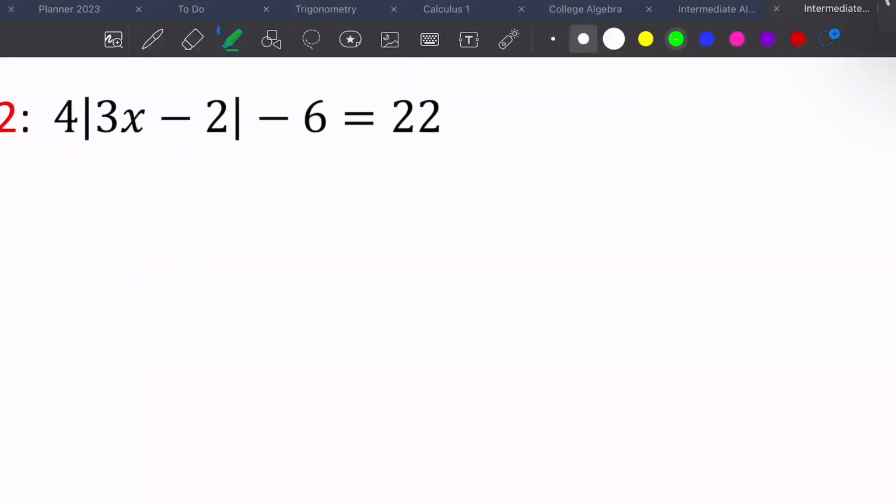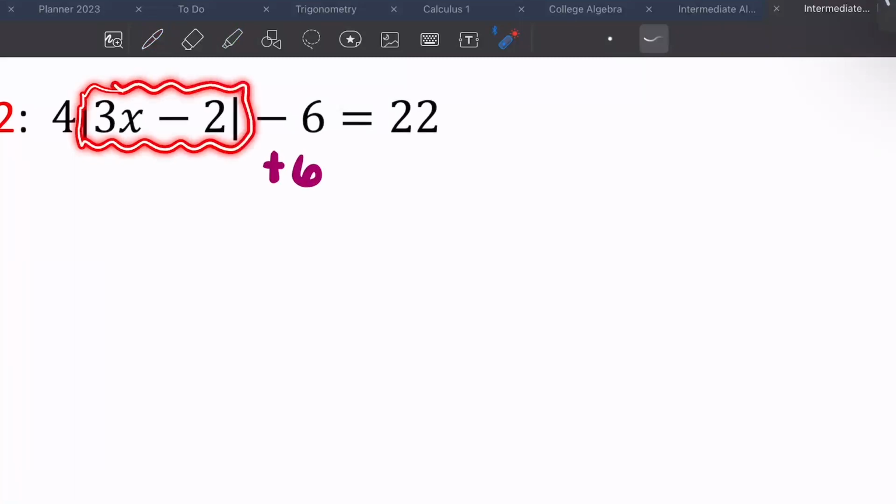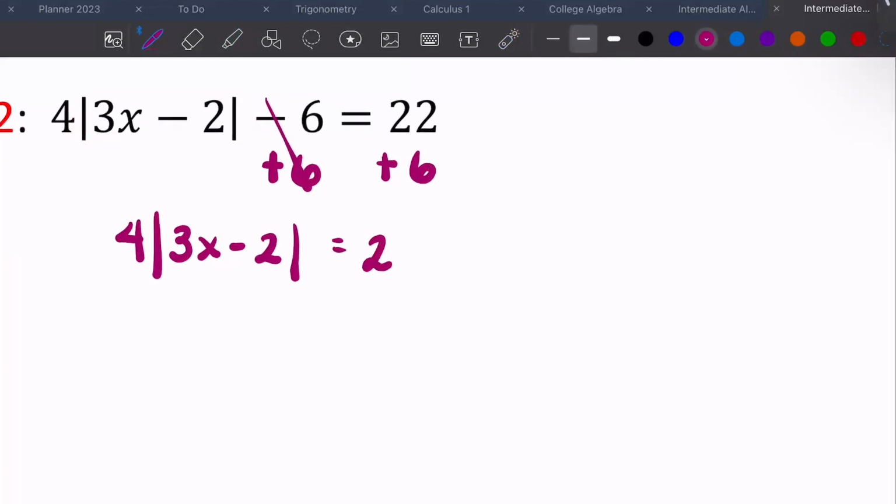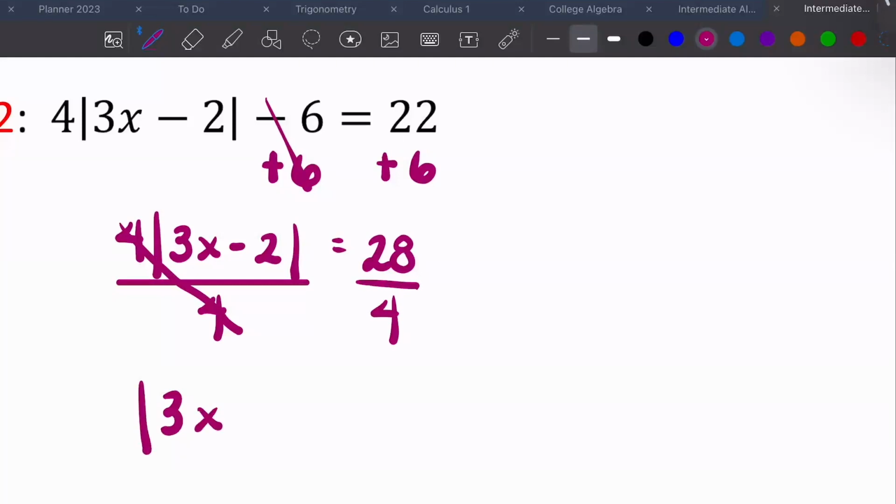On this one, before we do our equation, we have to make sure that the absolute value part is by itself, right? So if we add 6 to both sides, then we can divide by 4, creating 1, and we get the absolute value of 3x minus 2 equal to 7.